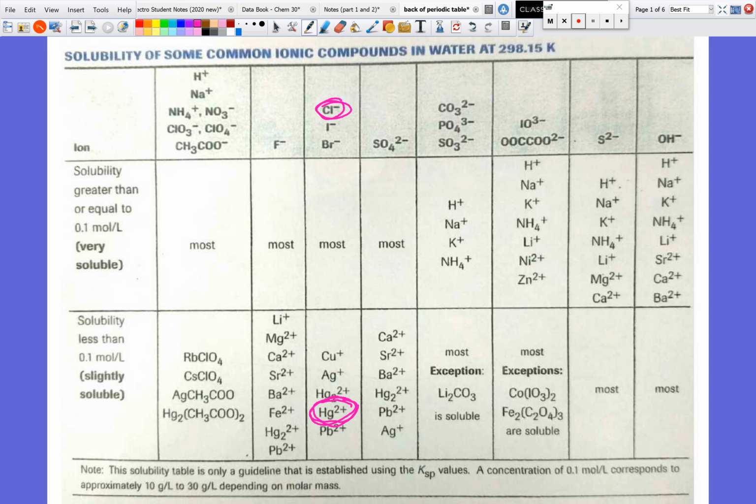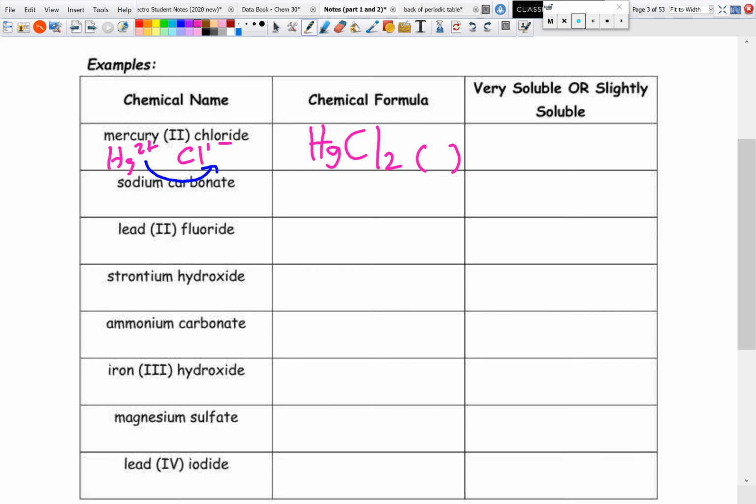So we have mercury 2 chloride, so this ion right here is going to make a solid notation. So we can write solid in here and write slightly soluble right here.